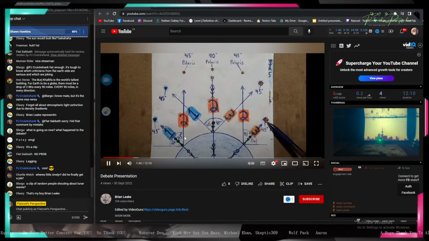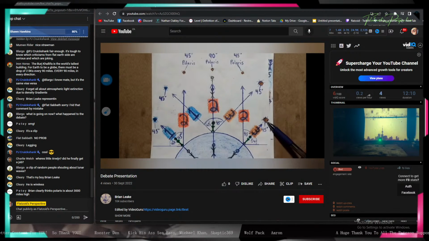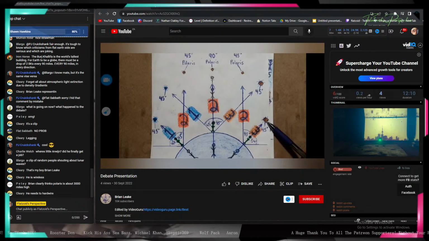A mile apart. Okay, that's working again. And they're looking up at their own little spot in space at their own Polaris. Shawn is going to complain that we have to move Polaris to make it work. Look what the globe has to do with Polaris to make it work. You can have two men on opposite sides of the Earth, 1 degree below the equator, simultaneously looking at Polaris on the horizon.